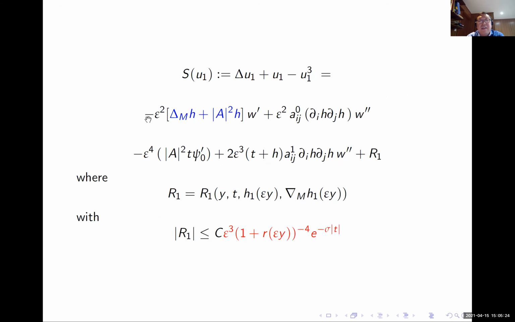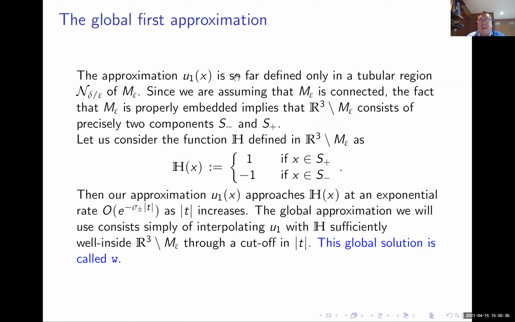Now this U1 is only defined near the surface, in a neighborhood, right? So we need to extend this U1 everywhere. We assume that this minimal surface is connected and orientable, so you can divide R3 minus M into two parts, S minus and S plus, and then you interpolate your solution with 1 on one side and -1 on the other side.